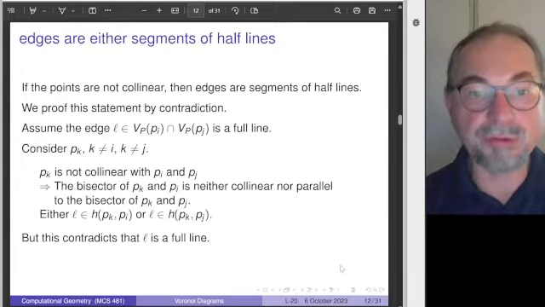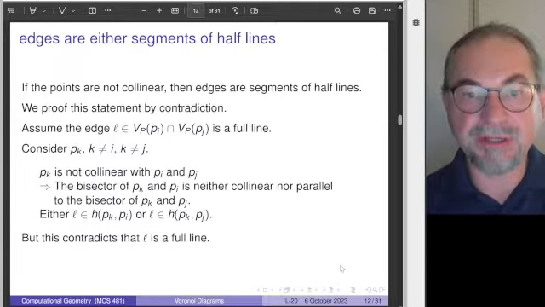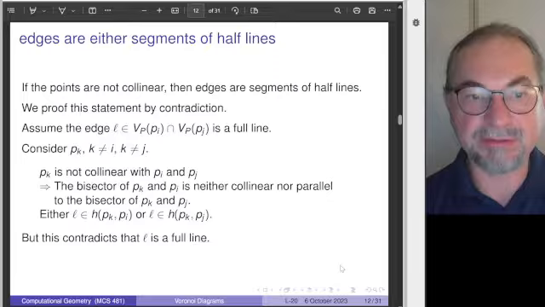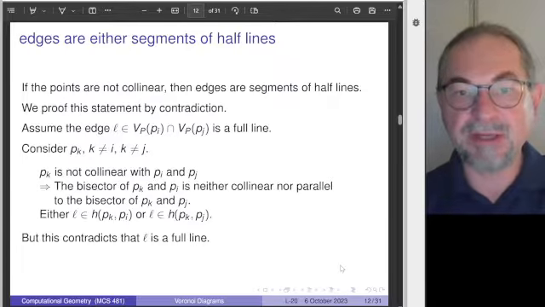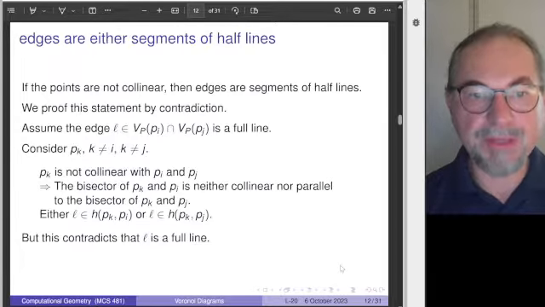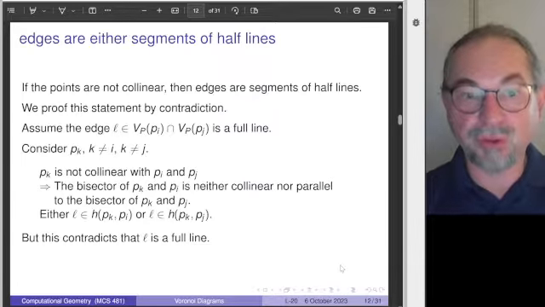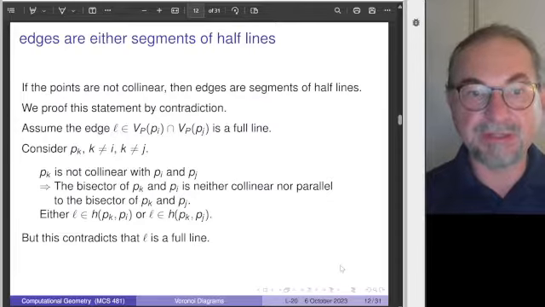So assume that it is not. Okay, so what do we have then? We have that the bisector of PK with PI is actually not parallel to the bisector, and then also it's not parallel to the bisector of PK with PJ. Okay, so either the line has then to belong to these half planes, the half planes that are going to define the Voronoi cell for PK.